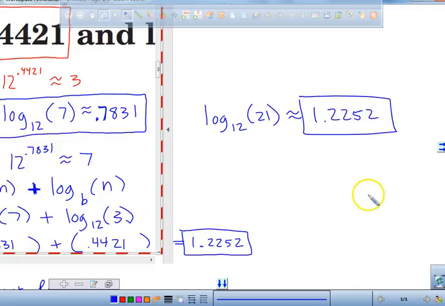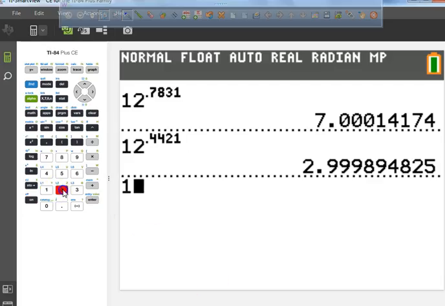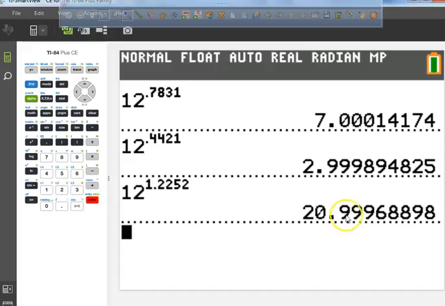That means that if I wanted to change this to exponential form, I could say 12 raised to the power of 1.2252 should get me really close to what number? Let's see if we got it. 12 raised to the power of 1.2252. Enter. What's that ridiculously close to?